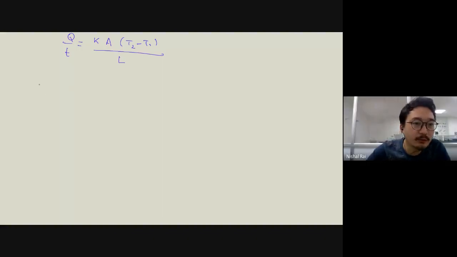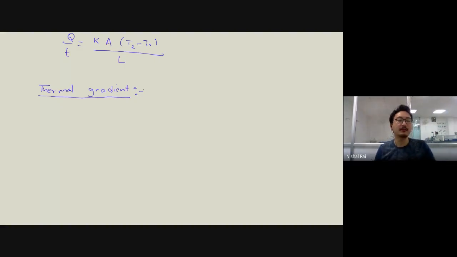Now what we are going to do is thermal gradient. Gradient. Do you know what gradient means? Anyone has an idea what thermal gradient means?